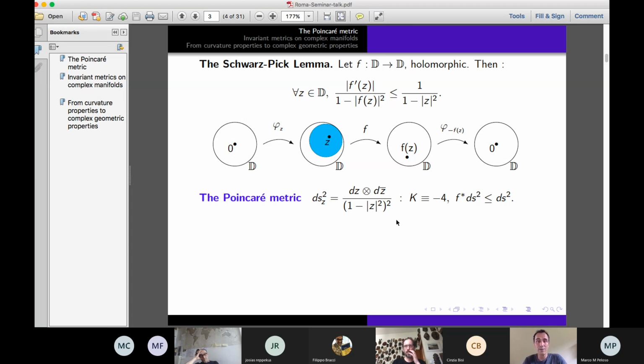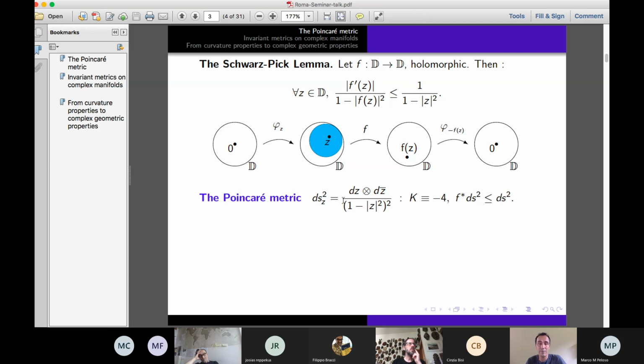And I just wrote two other things. The first is that it has some curvature, and the curvature is constant on the disk. When we talk about curvature here, we mean the Gauss curvature. If you have a metric, of course, there's a way to compute it. And you can compute by saying that if you consider the Poincare metric, it's given by a squared dz wedge dz bar.